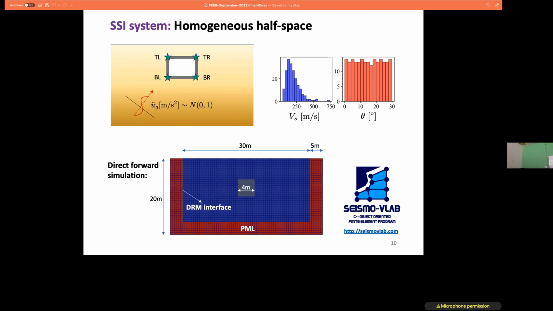In order to absorb the scattering waves, we use perfectly matched layers, and for modeling the incoming waves, we use the domain reduction method. So this is how we define our domain, and then we run it under different white noise excitations by having samples from these distributions and get our outputs as these quantities of interest here. Then we use that for training our model.